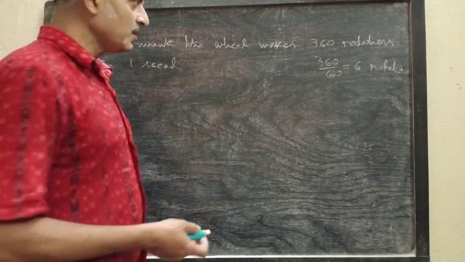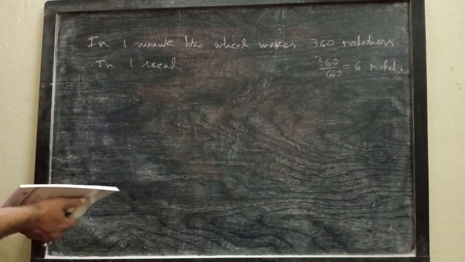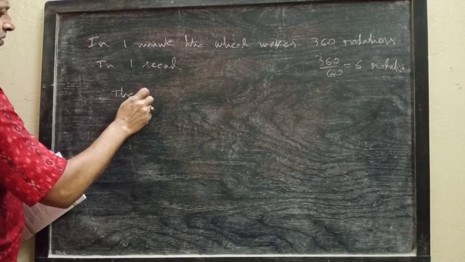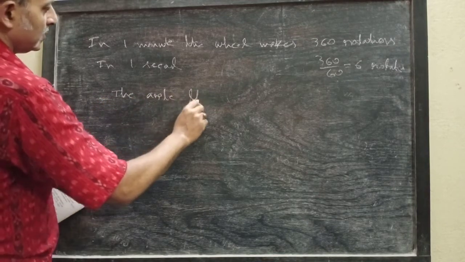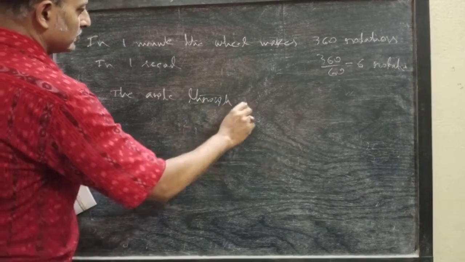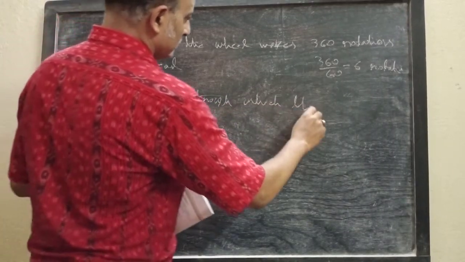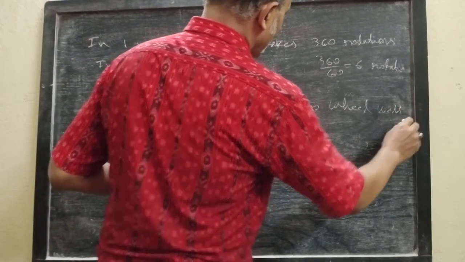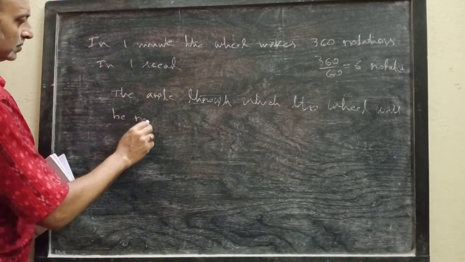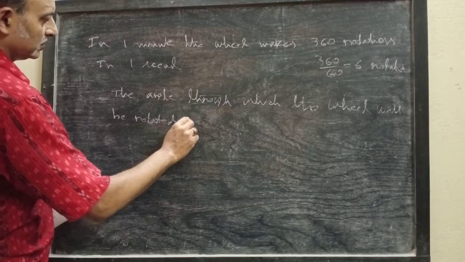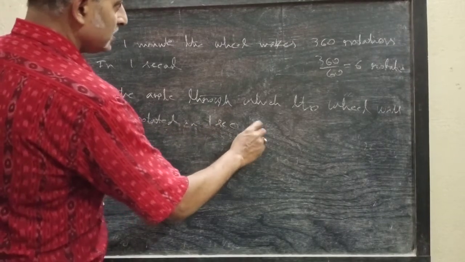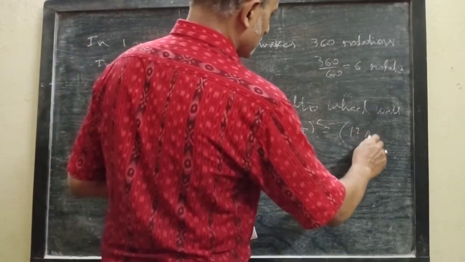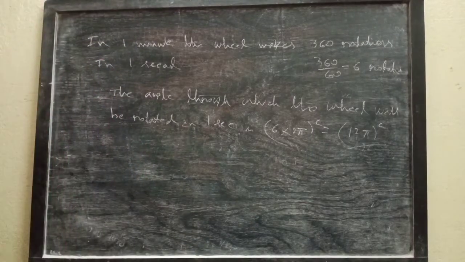So in 6 rotations it will go through 6 into 2 pi. Therefore the angle through which the wheel will be rotated in 1 second is 6 into 2 pi radian, that is 12 pi radian. Okay.